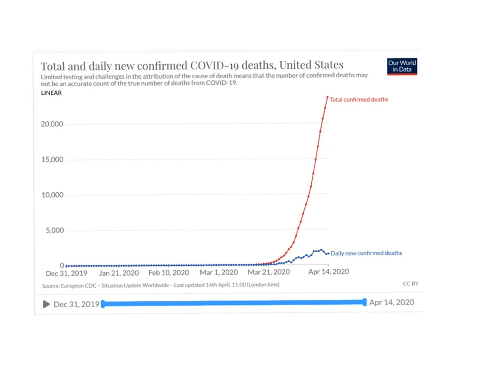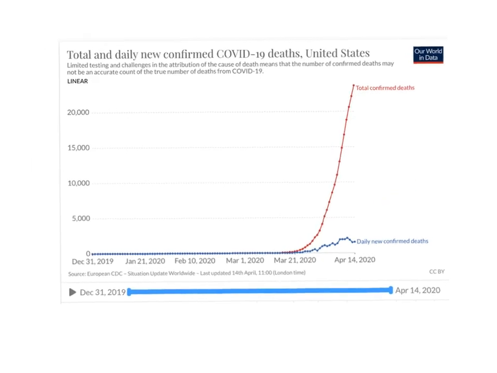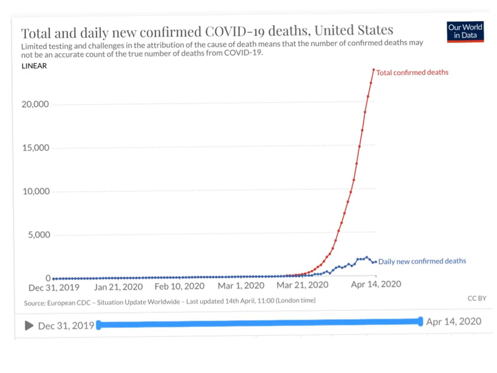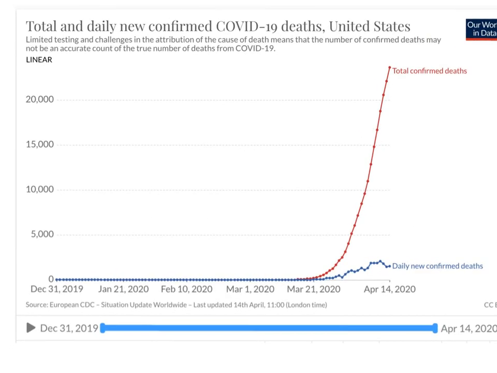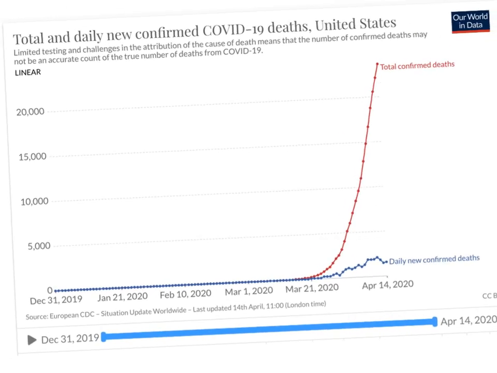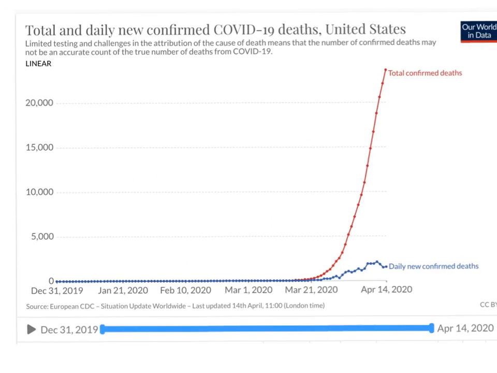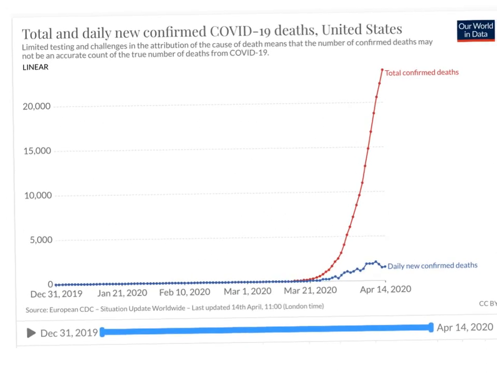Just to reiterate the point I just made, you don't always want to make a line. If I look at this graph here and focus on the bottom graph, the blue one, the red one is a cumulative graph that's going to be going up, up, up all the time. But the blue one on the bottom is a graph that says this is the number of confirmed deaths for coronavirus in the country.